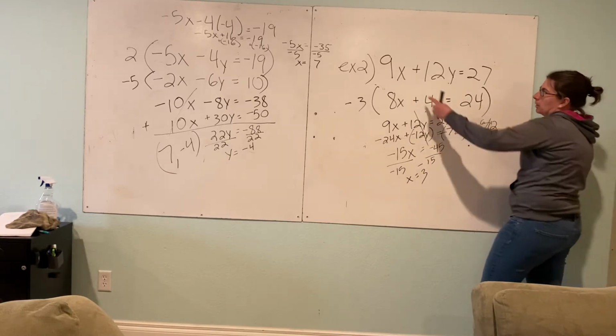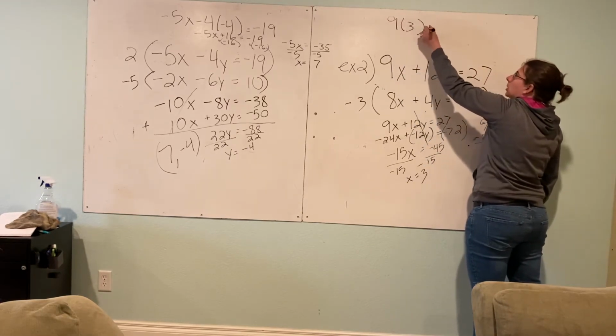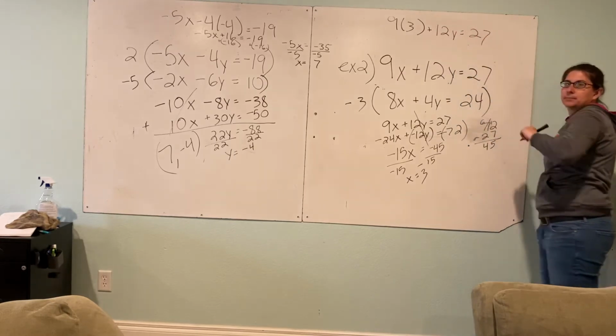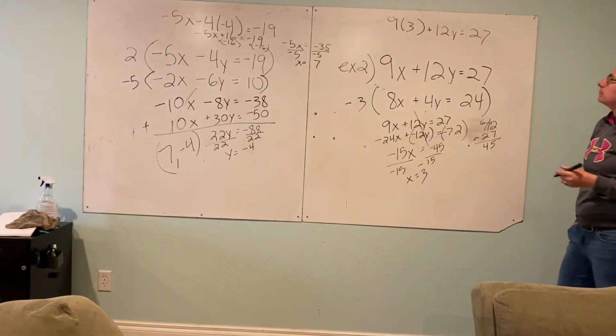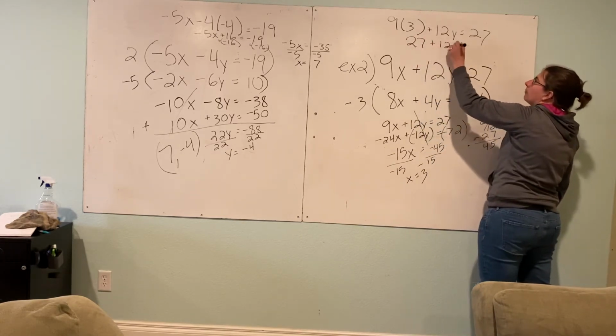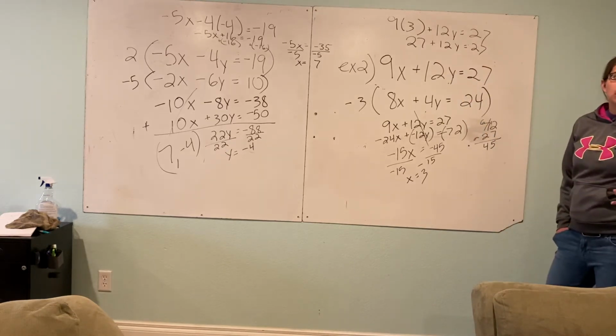So 9 times 3 plus 12y equals 27. 9 times 3 is 27, plus 12y equals 27. Now we're going to start isolating the variable and getting y by itself.